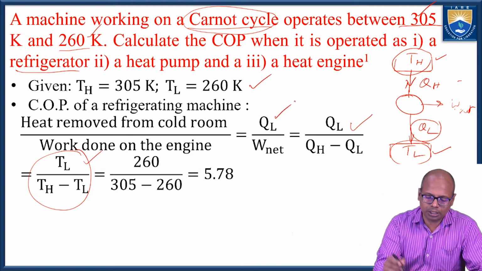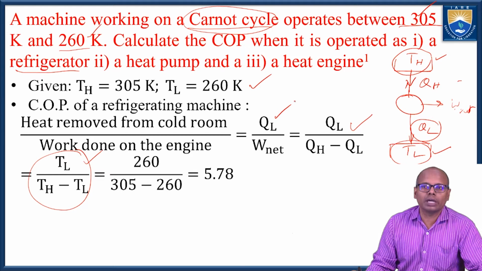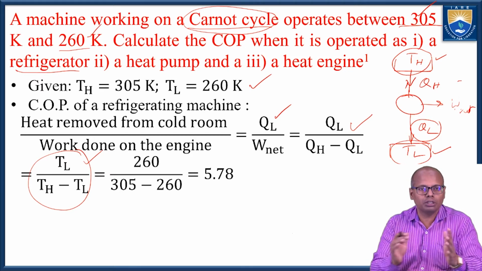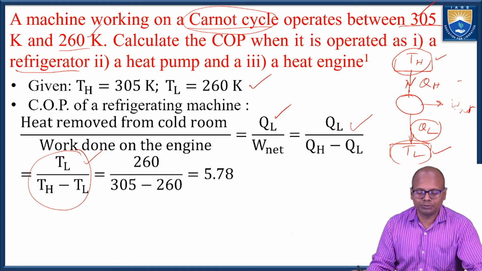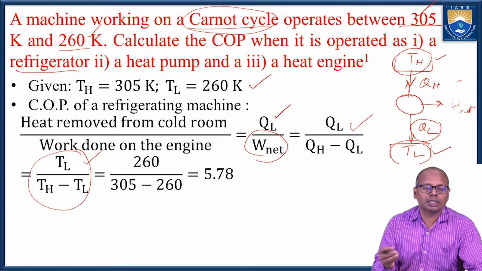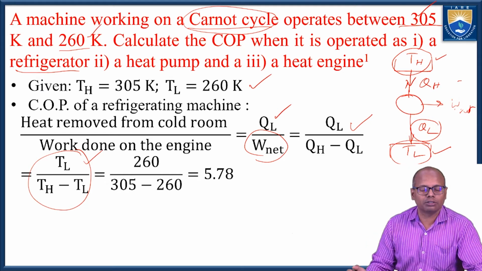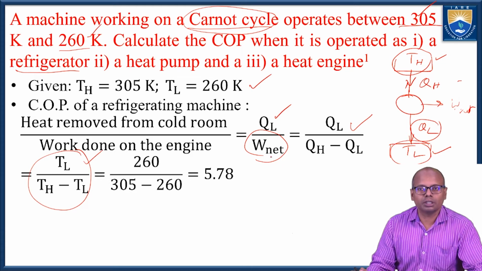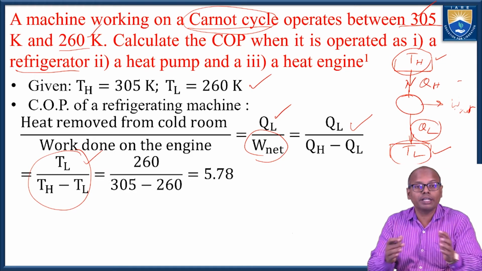So the numerator is QL. QL is how much heat it can take from the room which is to be cooled, and W net is the amount of work that is supplied to the refrigerator. So it is QL by W net. And what is this W net?